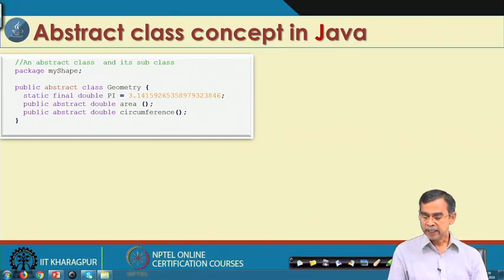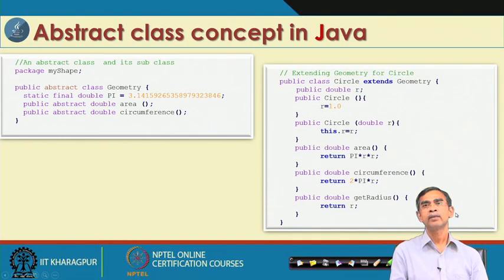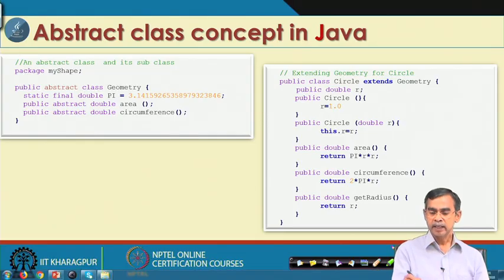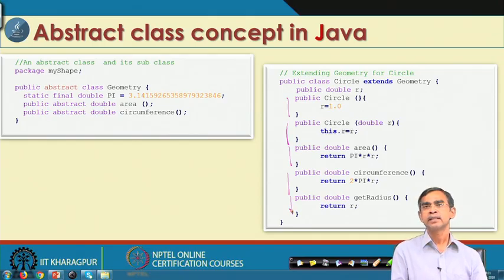Now, our objective is to create other classes which can be inherited from this abstract class. So, here is the code, the circle class, which is inherited from the superclass geometry. It has constructors of its own. Here is the default constructor, and there is another constructor with only one argument. Besides the 2 constructors, we define the method area, and then the method circumference, and some method which is unique to this class itself.